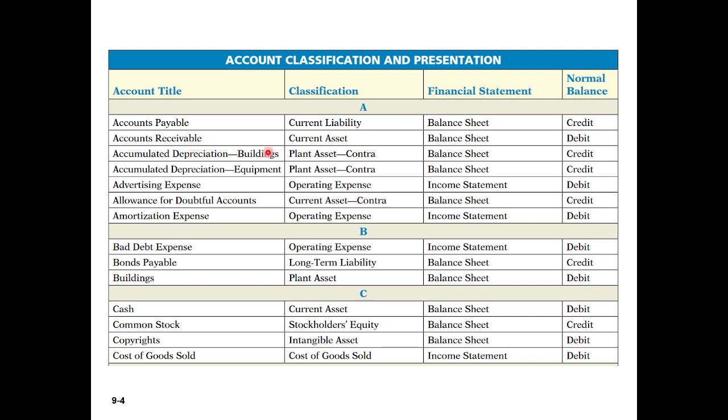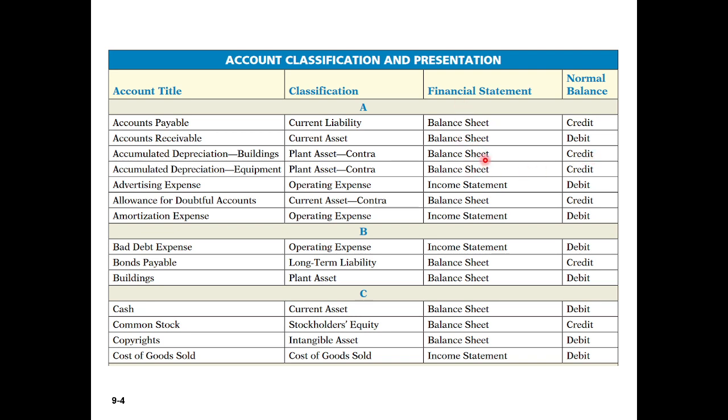Accounts receivable is a current asset, shown in the balance sheet, with a normal debit balance. Accumulated depreciation, building is a plant asset contra, shown in the balance sheet with a credit balance.